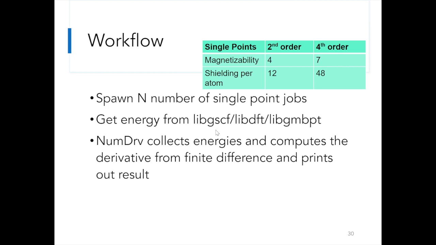For example, for Hartree-Fock you get libgscf, for DFT, libdft, and for MP2, libgmpvt. After these energy calculations are done, they are collected by the num-deriv module, which computes the derivative from finite difference and then prints out the results.